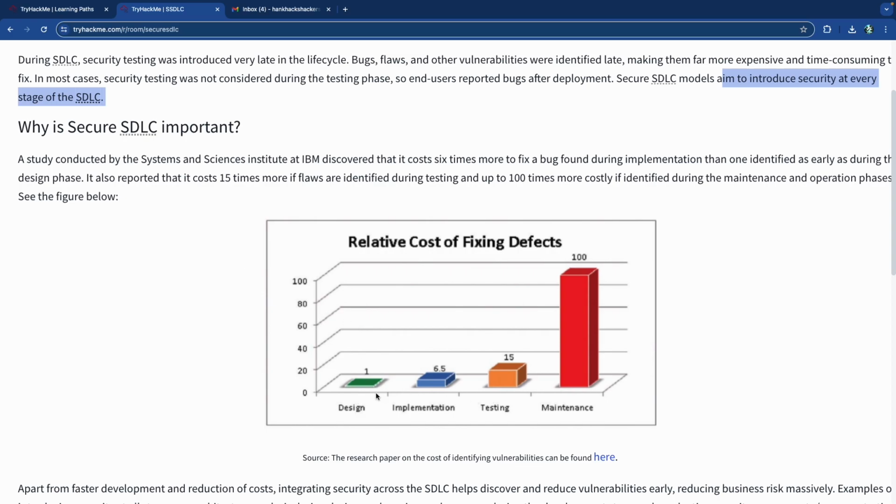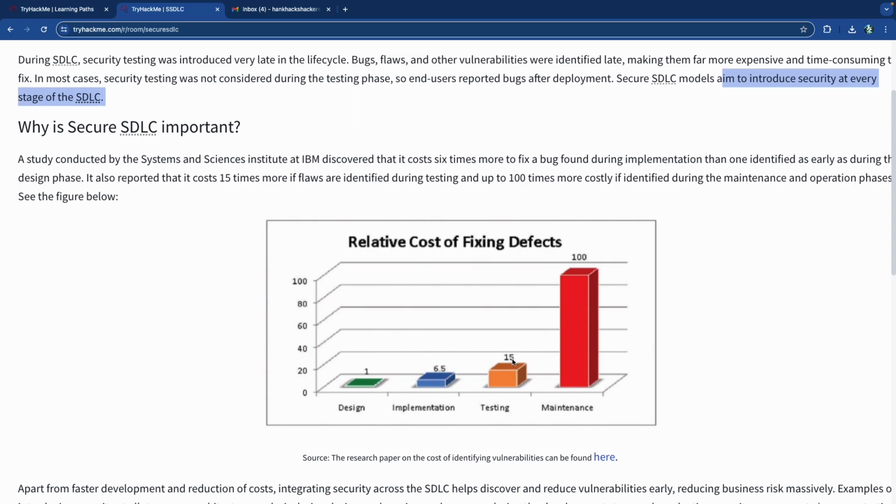So if we were to look at this graph that we have here, it says the relative cost of fixing defects during the design phase is 1, and I think it's 1 time. So like 1x essentially. So during the design phase, if you wanted to fix it, it's 1x the cost. During the implementation phase, it's 6.5 times the cost.